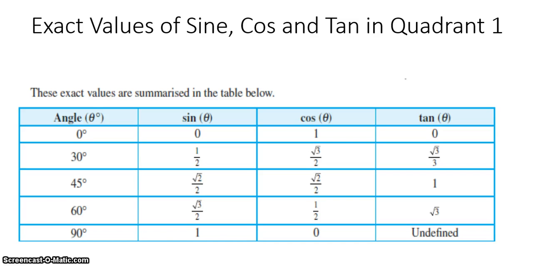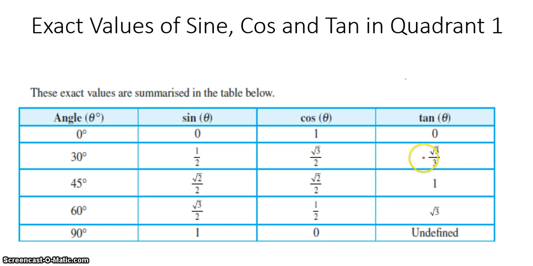The exact values of sine, cosine and tangent of 30 degrees, 45 degrees and 60 degrees are summarised in this table. If we look at 30 degrees here, sine of 30 degrees is a half, cos of 30 degrees is root 3 on 2, tan of 30 degrees is root 3 on 3.